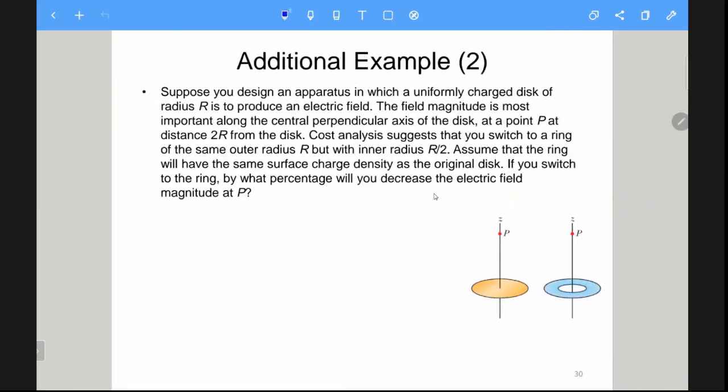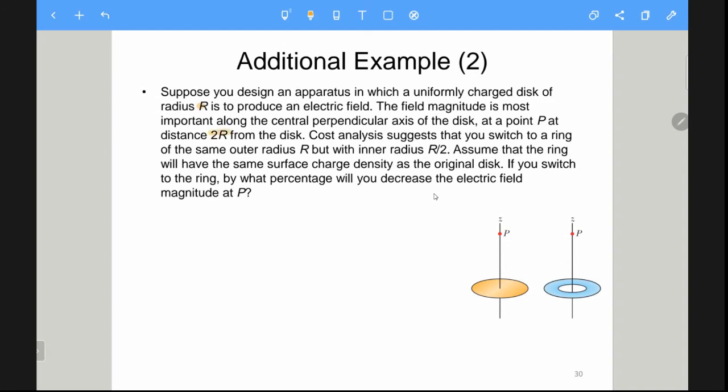So suppose you design an apparatus, in which a uniform charge disk of radius capital R is to produce an electric field. The field magnitude is most important along the central perpendicular axis of the disk at a point P at distance 2R from the disk.